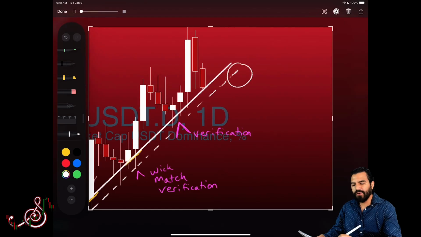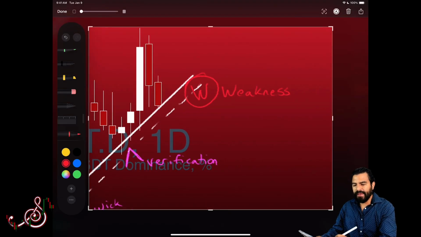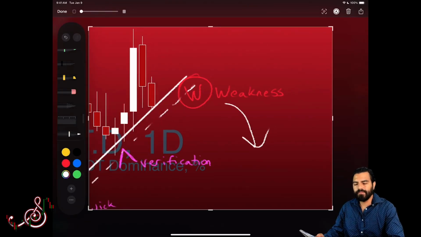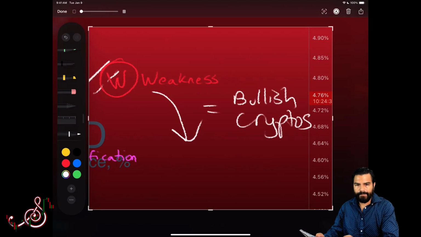In general, we want prices to be here, revealing weakness, because if we do, then that means that this is coming down and you're going to see cryptos go up. Bullish cryptos. Okay.